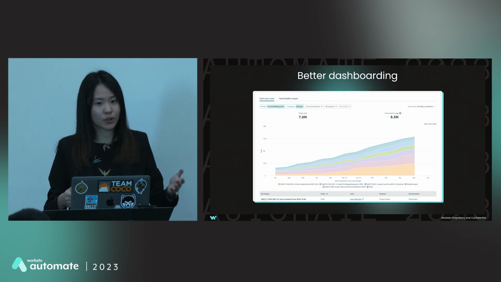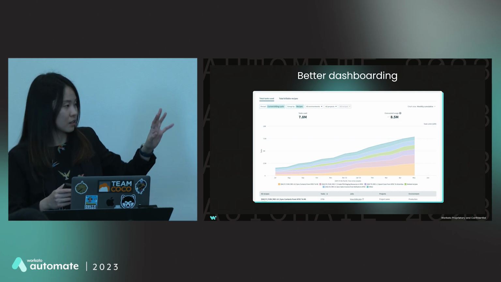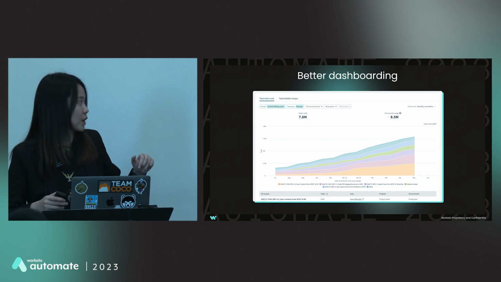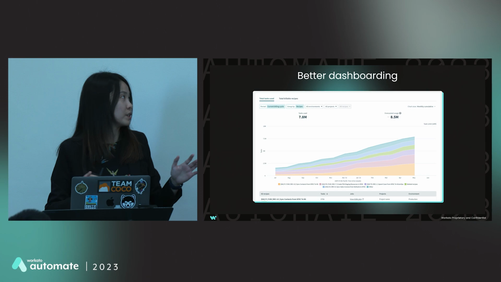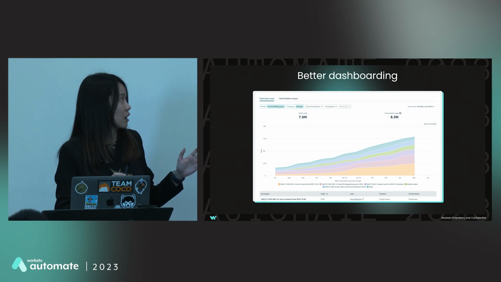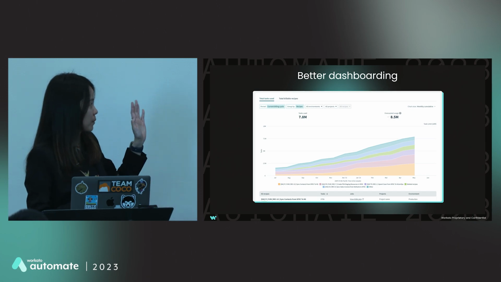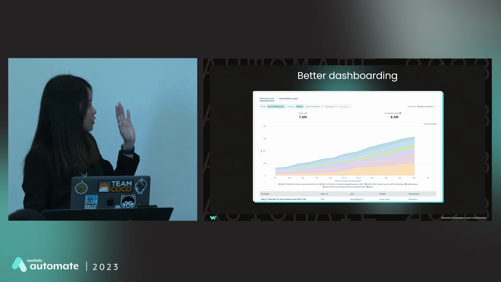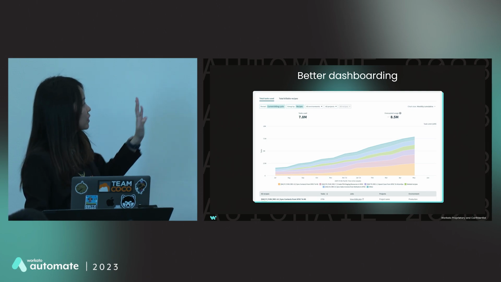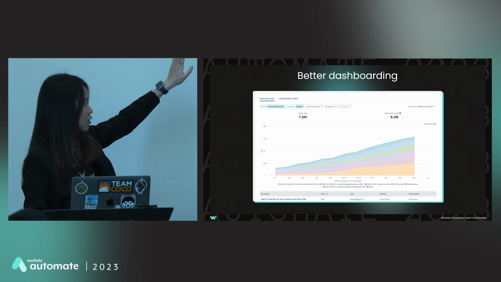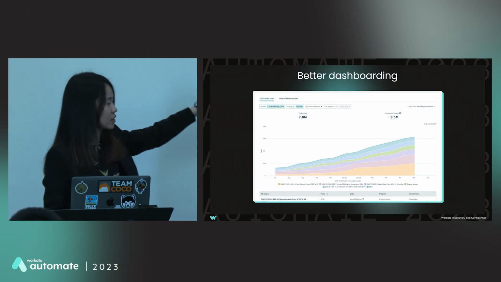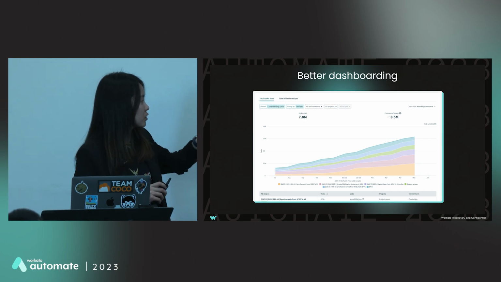Secondly, better dashboarding. So we know currently, as you saw in the subscription page earlier, it's just a summary of basically what's in your workspace. We want to introduce definitely better dashboarding to view your usage metrics. So here we just have an overview of how all the projects are contributing to your overall task usage.